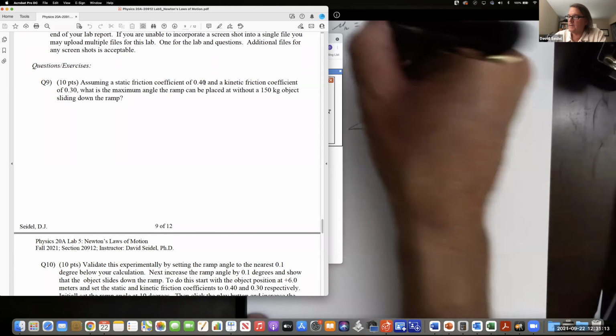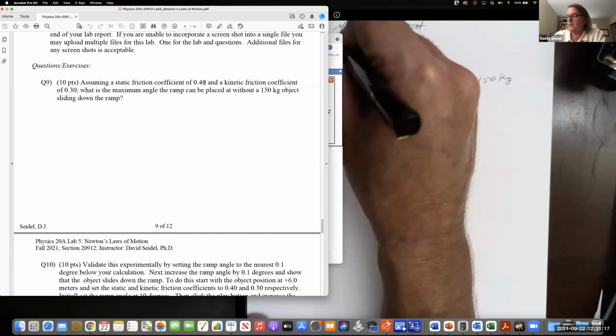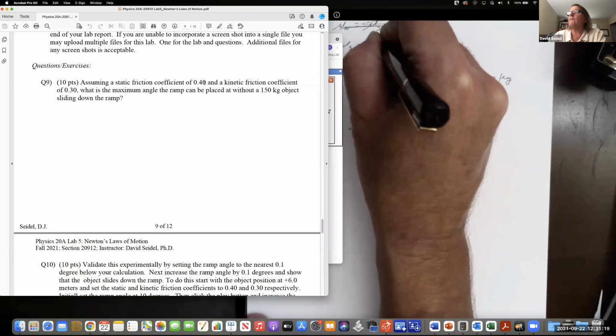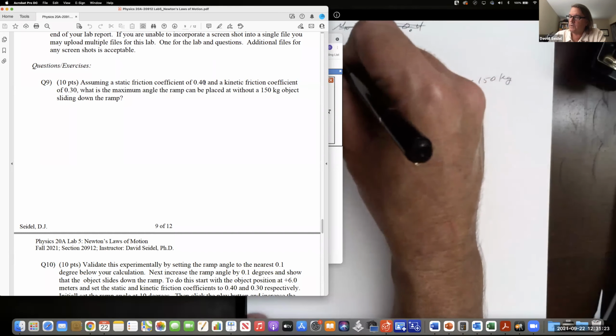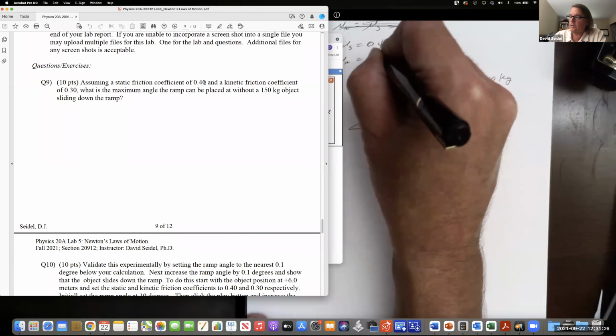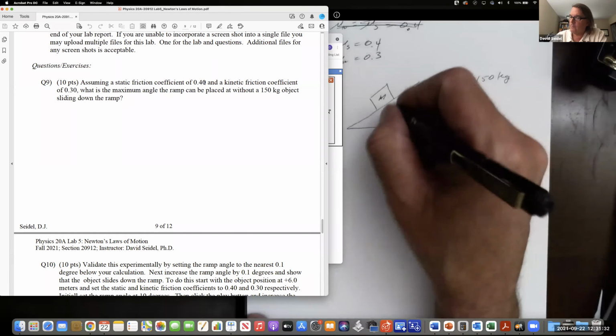Oh no, I did not say mu k and mu s equal to 0.4. I set mu s equal to 0.4 and mu sub k equal to 0.3. Now this is at rest. So at rest, place it at rest.